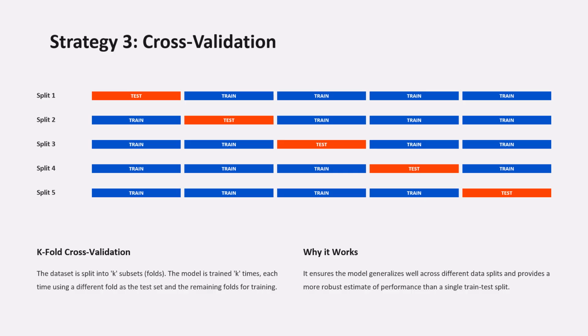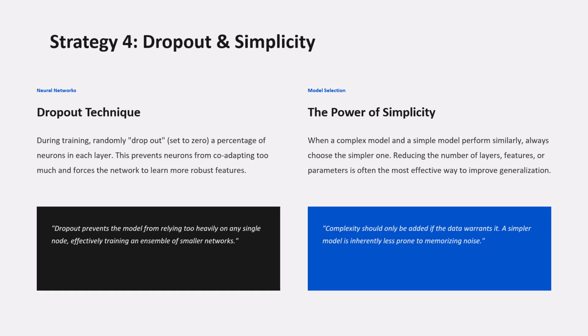This strategy is also good in comparison with strategies 1 and 2. Next, let's see the next strategy. We call it dropout and simplicity. Our fourth strategy brings us to a powerful technique for neural networks, and that is dropout.